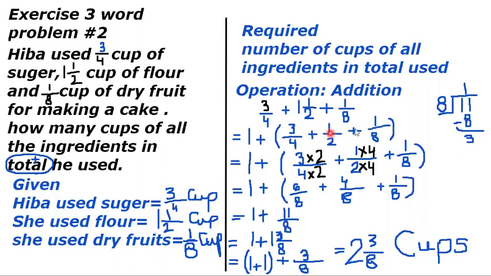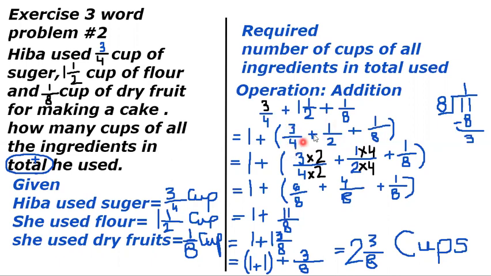Now addition of fractions is not that easy. You cannot add 3 plus 1 plus 1, 4 plus 2 plus 8. No, not at all. You cannot add the fractions like this. Why? Because first you have to think what type of fractions these are.